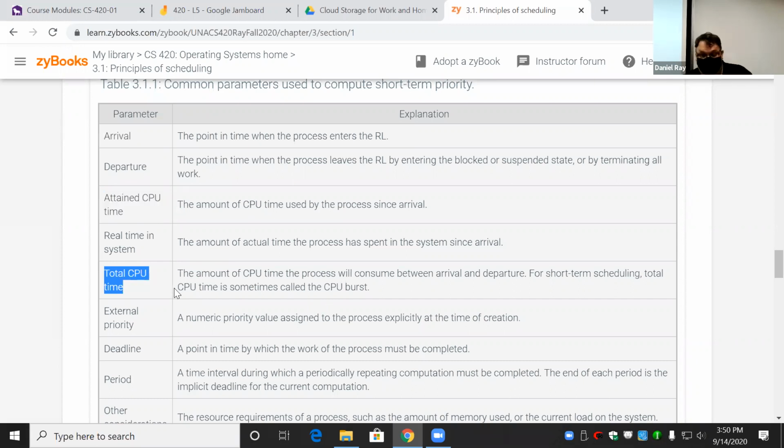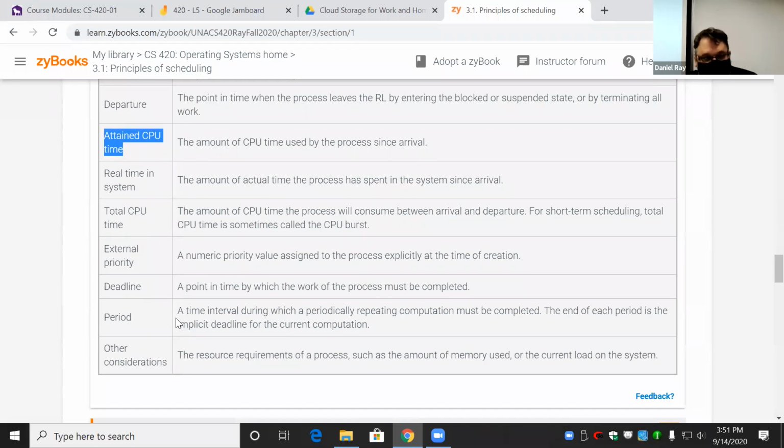But some of these values get updated, because each period of time from blocked to ready again updates or resets those values. In particular, attained CPU time gets updated, and whatever real time we've had on the total CPU gets updated. So our priority can be changed throughout the lifetime of the process.